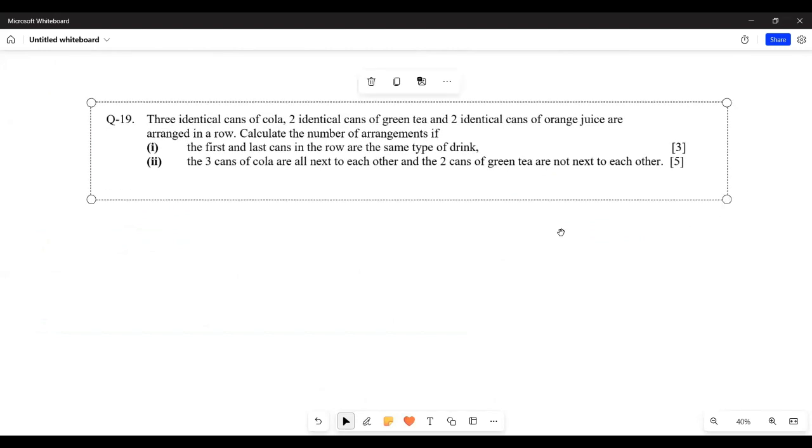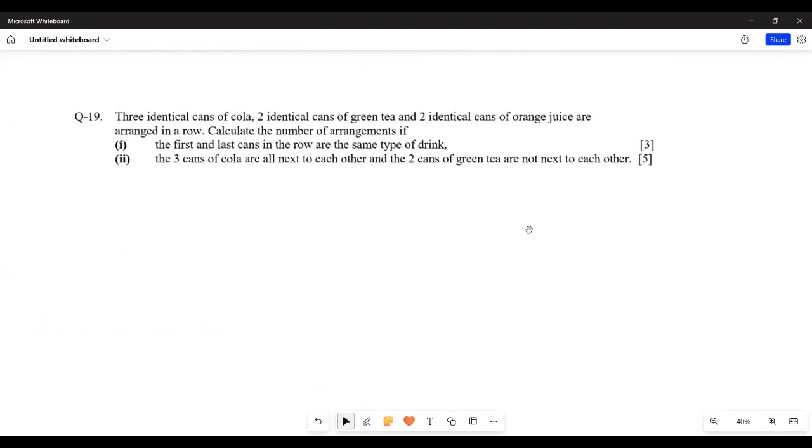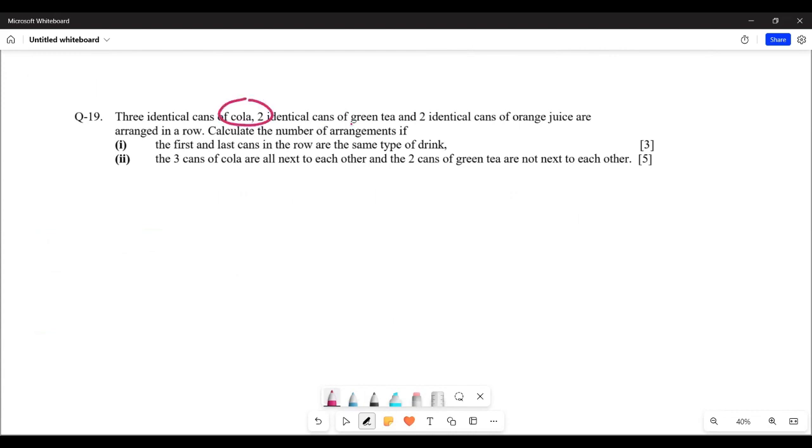Three identical cans of cola, 2 identical cans of green tea, and 2 identical cans of orange juice are arranged in a row. So 2 colas, 2 green tea, and orange juice.